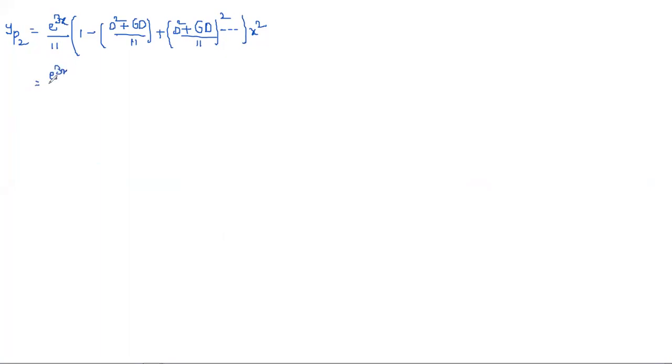So e power 3x by 11 into 1 minus, 1 by 11 into (D square plus 6D), plus, this is 11 square, and 11 square is nothing but 121, into, this is in the form of (a plus b) whole square, so that is a square plus b square, that is nothing but D to the fourth plus 36D square, and next plus 2ab, that is nothing but 12D cube, minus and so on, into x square.